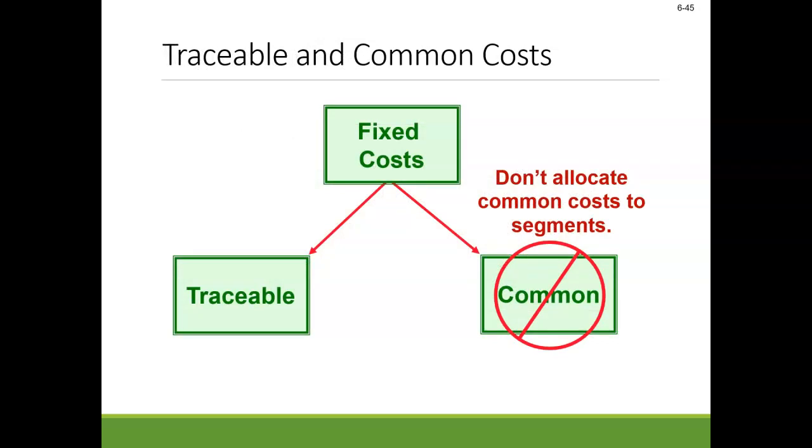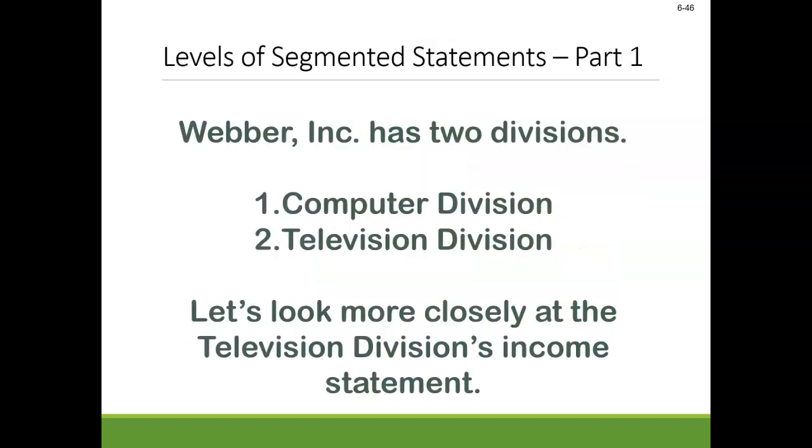Fixed costs can be traceable or common. The common cost can't be allocated to a specific segment because it's not going to change if we got rid of that segment. That common cost isn't going to go away. So therefore, it shouldn't be part of the equation.